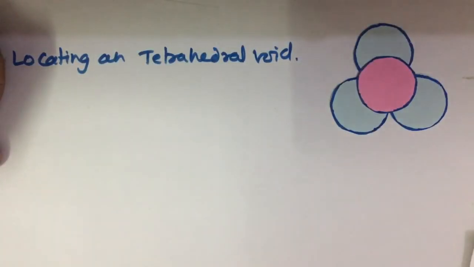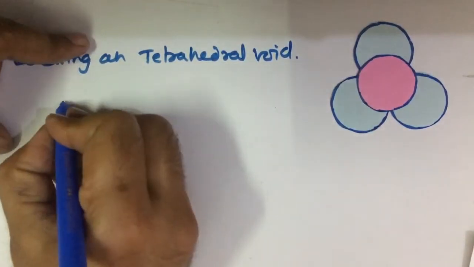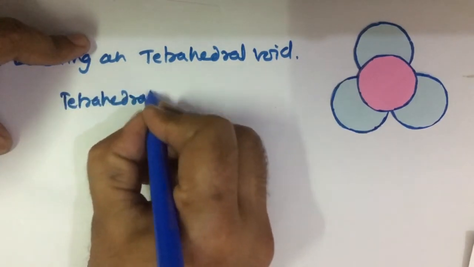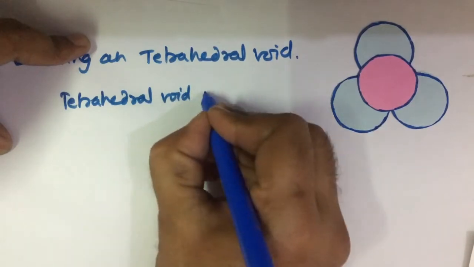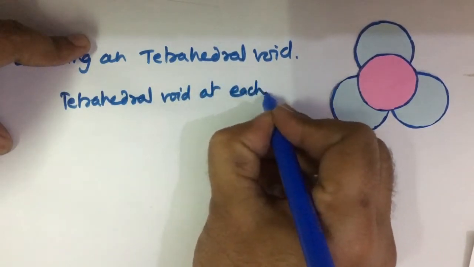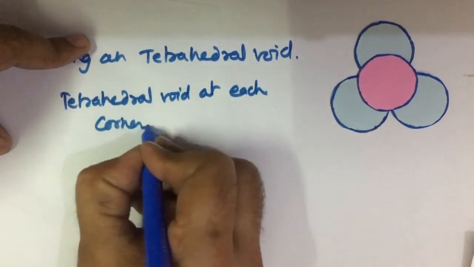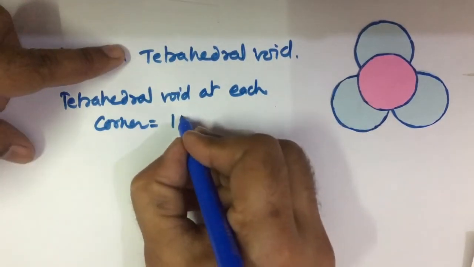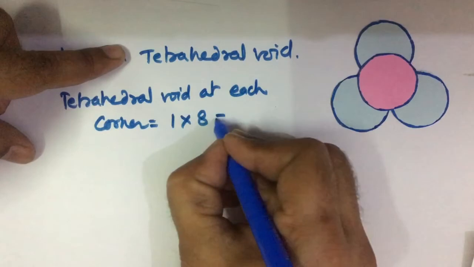So there is a tetrahedral void at each corner. There are how many corners? 8 corners.